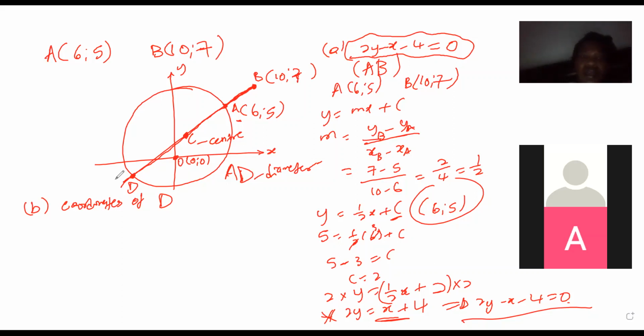But we don't know the center C. So let's see how this is done. Okay, just give me a moment.